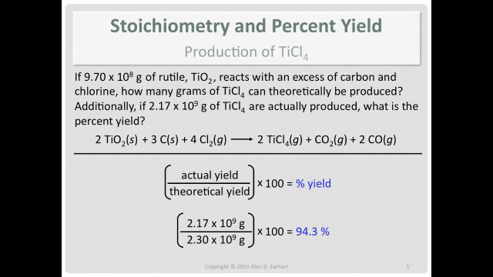Other than that, you don't really have a conceptual check for that. If it's an industrial process, they like their percent yields to be pumped up really, really high because the farther away they are from 100%, the more it costs for them to make their product, and those costs get passed on to us as consumers.